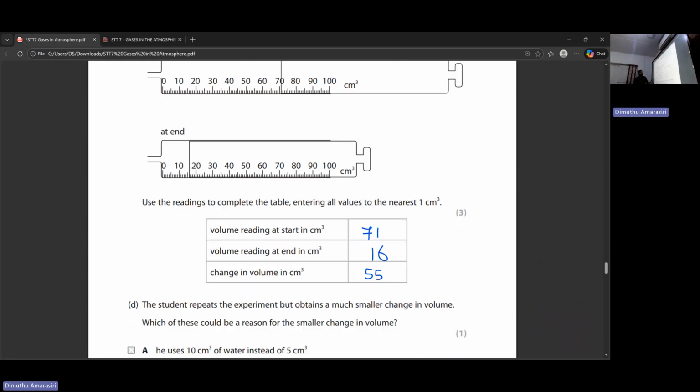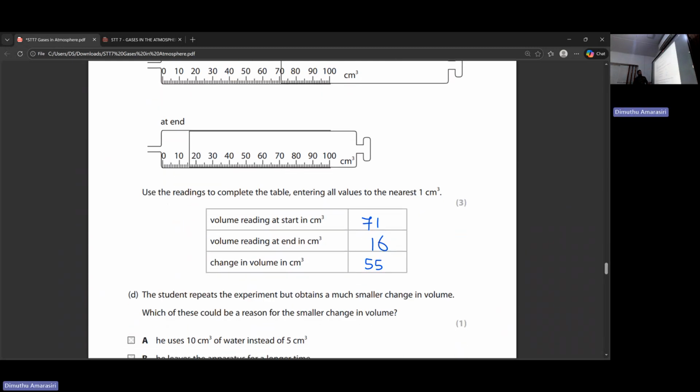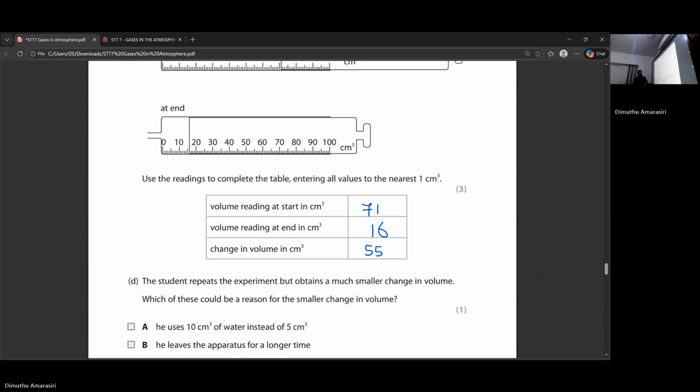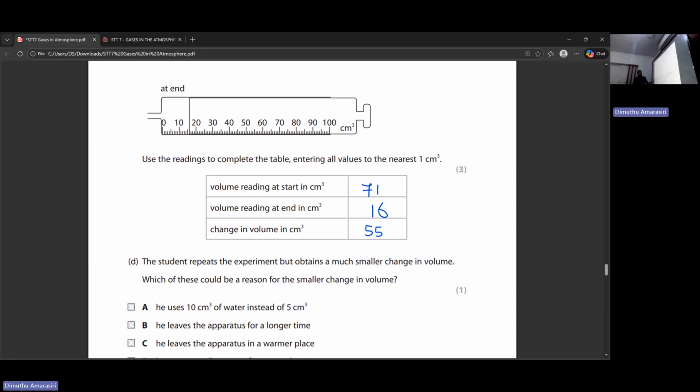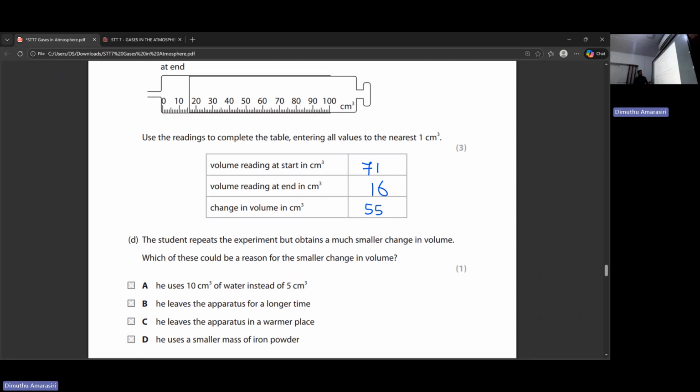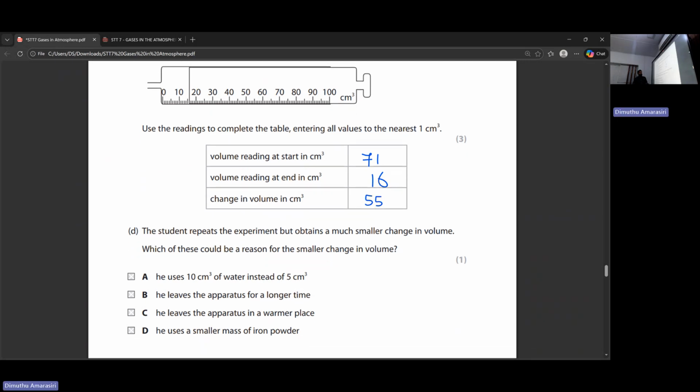The student repeated the experiment and obtained a much smaller change in volume. Which of these could be the reason for the smaller change?